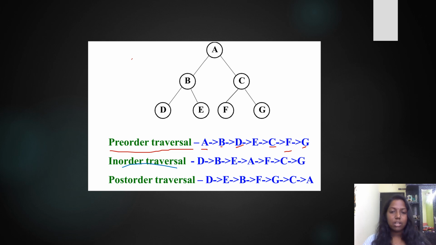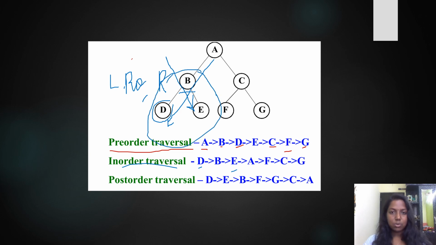Coming to in-order, we have left, root, right. So again, when we say left, we go to the deep end, that is this. This is our deep-end left element. So D, the root of D is B, and the right of this is E. Now this subtree is over.